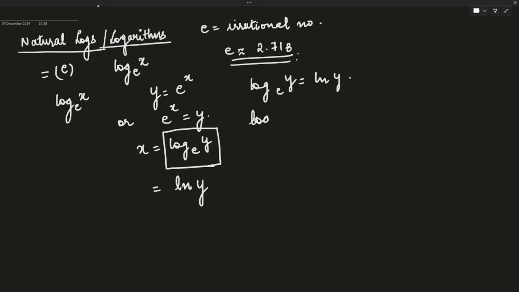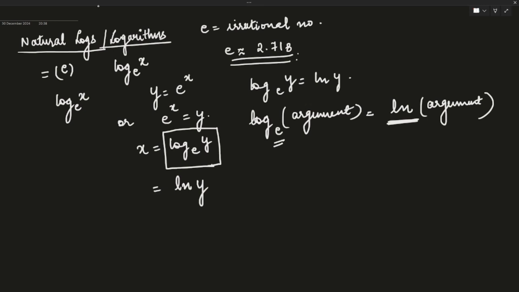So you can write log of argument to the base of e is equal to ln of argument. Ln is the symbol which we automatically use when we know that the base is e. This is the thing that you just have to remember.